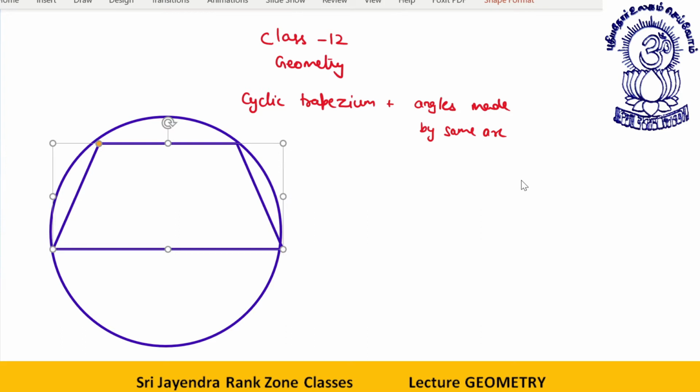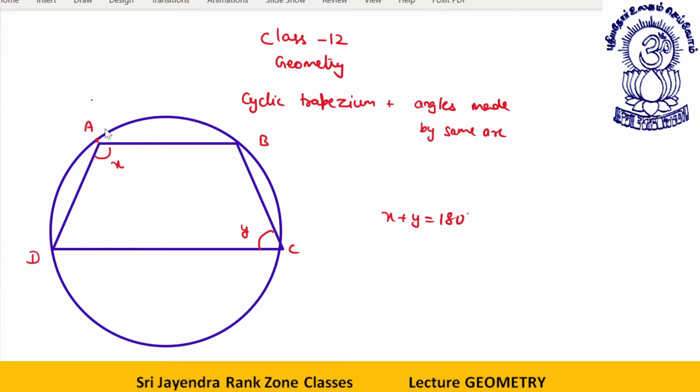Let's say this is A. Suppose this is A, B, C, D. First of all, a cyclic trapezium is also a cyclic quadrilateral. So what will happen when this angle is X and suppose this angle is Y? So I will say X plus Y is equal to 180 degrees.